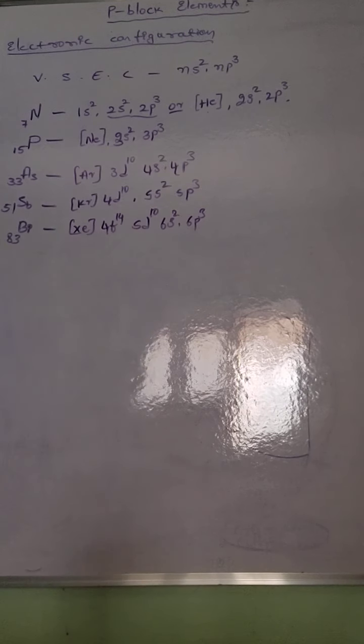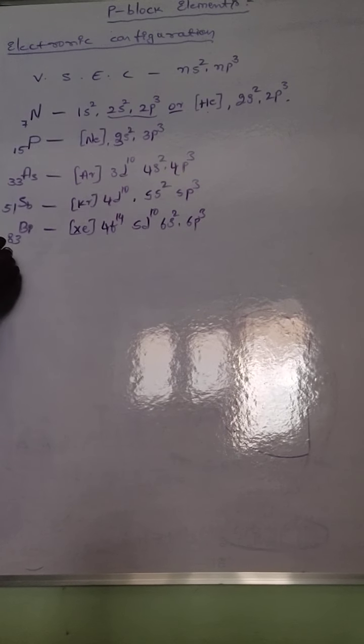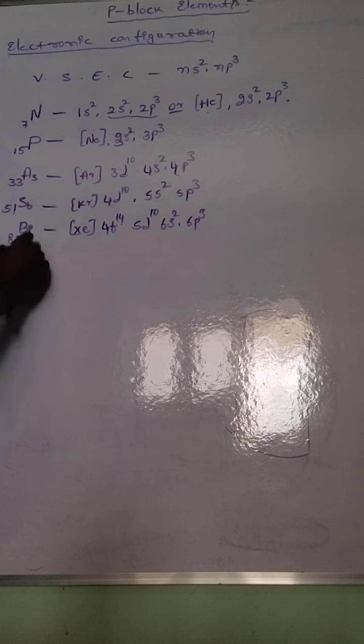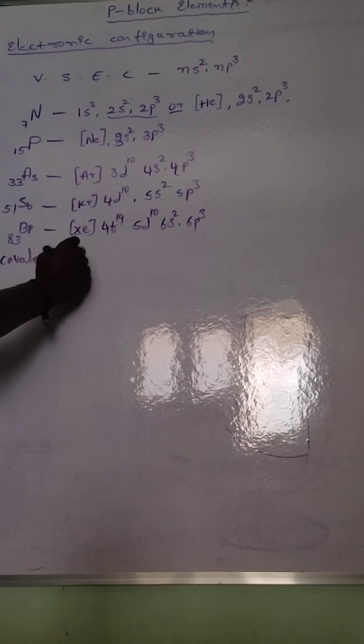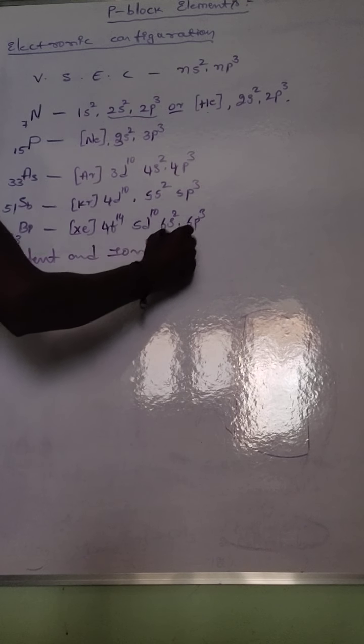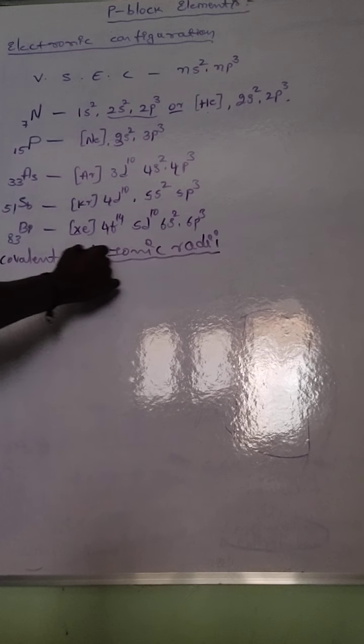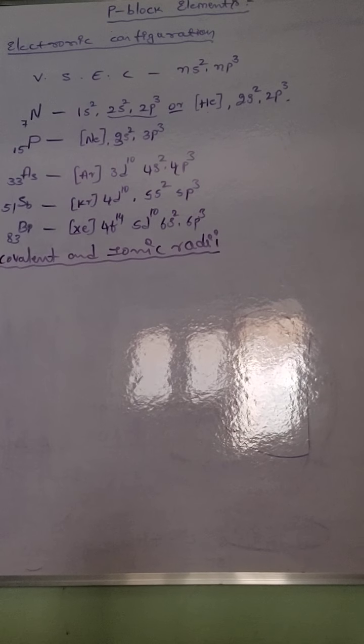Then the next property: covalent and ionic radii.